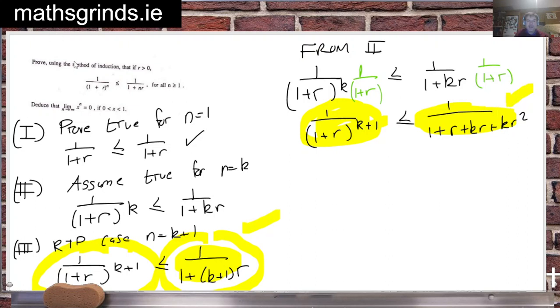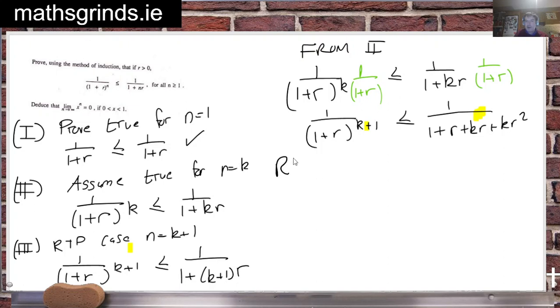This is the standard inequality technique for the proof by induction. So required to prove 1 over 1 plus r plus kr plus kr squared is less than or equal to 1 over 1 plus k plus 1 r.